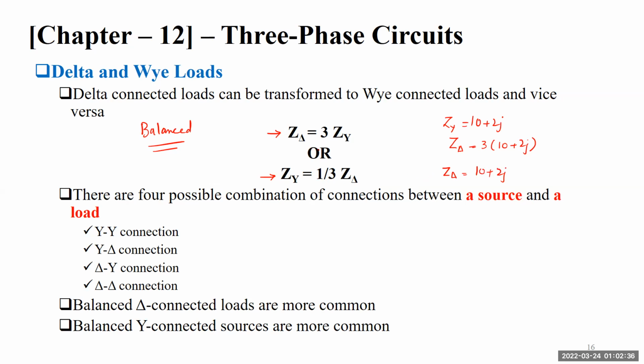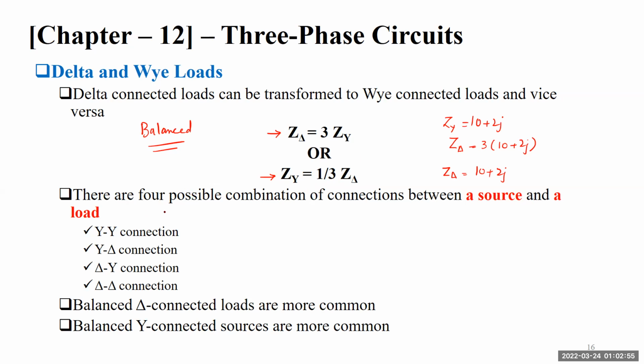So remember, if we are converting a Y connected load to a delta connected load, your impedance per phase will increase. And similarly, if you are converting a delta connected load to a Y connected load, your impedance per phase will decrease.